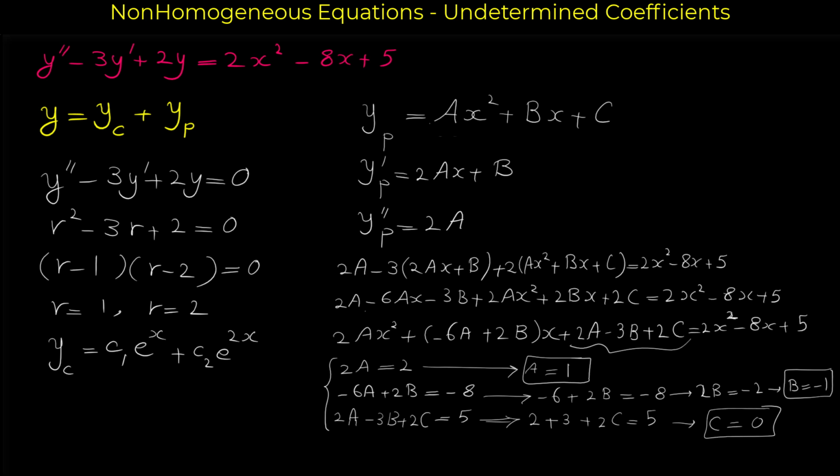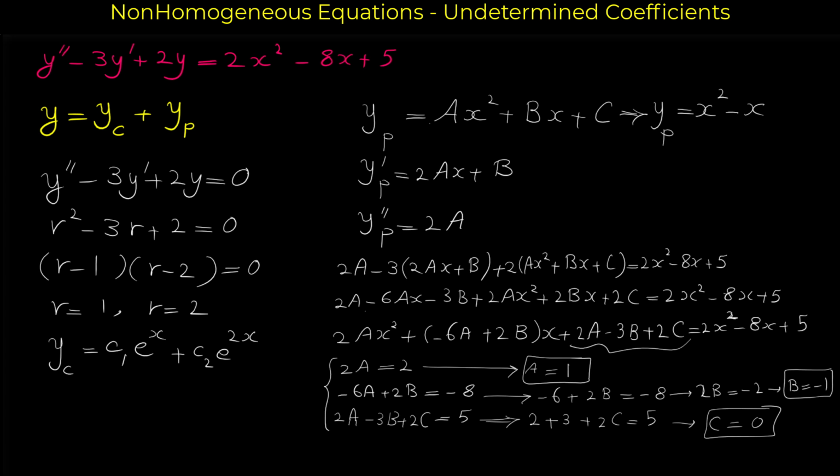Now we have the values of all the coefficients, a, b, c. We can plug in these values here to find the particular solution. So if we plug these values into y sub p, the particular solution equals: a is 1, so 1x squared, b is negative 1, so minus x, and c is 0, so plus 0.